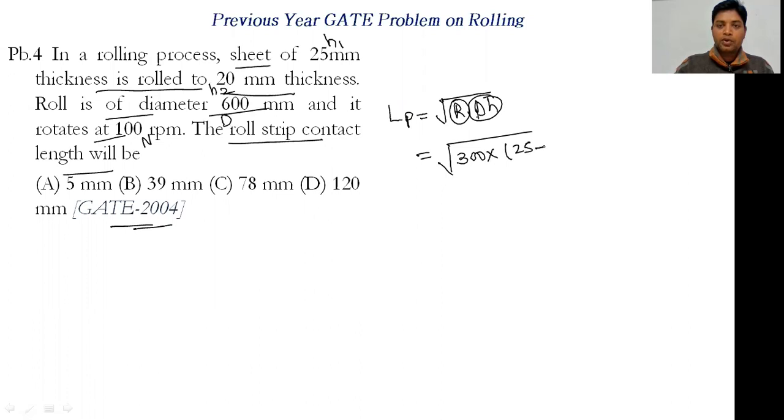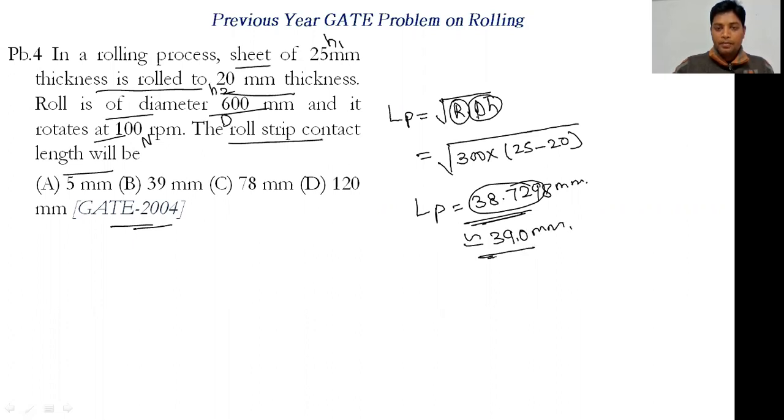H1 is 25 and H2 is 20. When you calculate it, you will get a value like 38.7298. Nothing related to this is given to you, so we have to consider the approximate value, which will be 39.0 mm. So this will be option B.